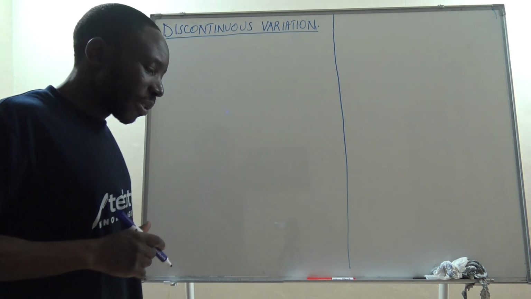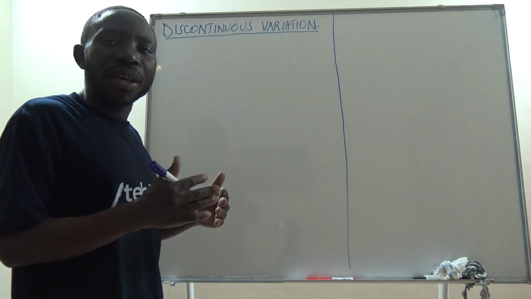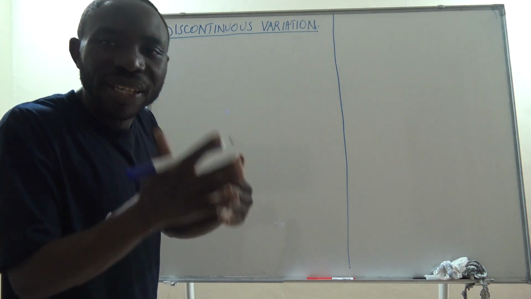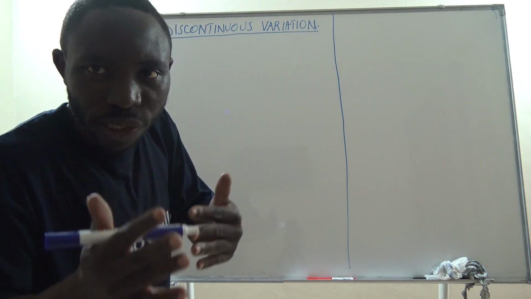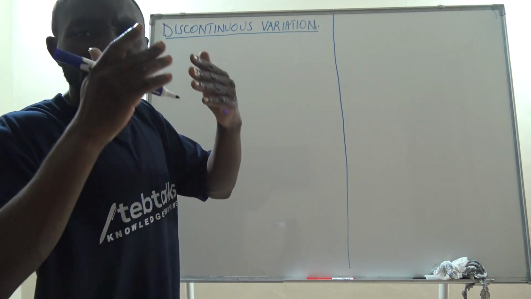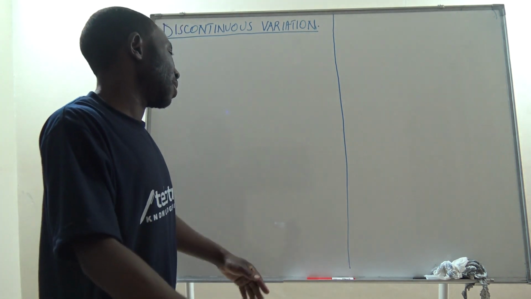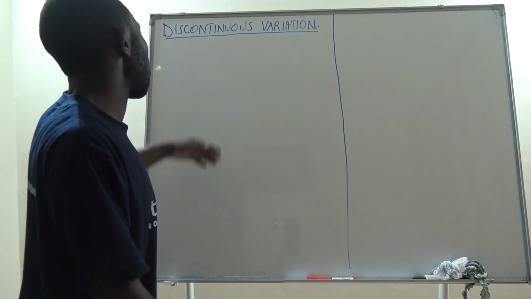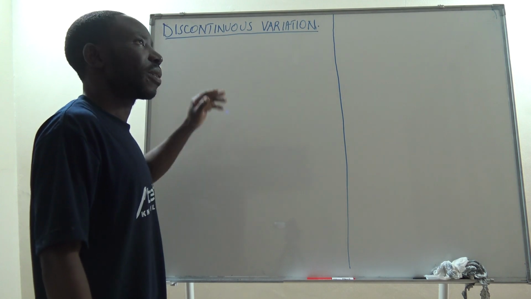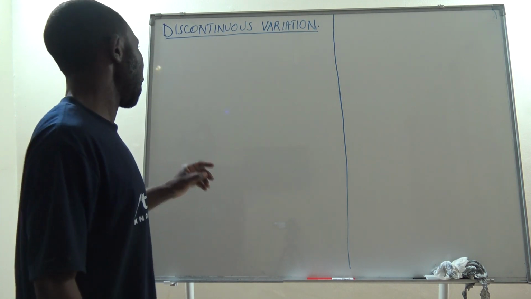In other words, there is always a clear-cut expression between the characters varying within the members of the species, what we call discontinuous variation. Okay?